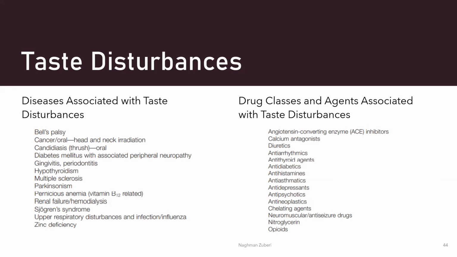Drug classes and agents which are associated with taste disturbances: angiotensin converting enzyme or ACE inhibitors. So these are used for controlling the blood pressure. Calcium antagonists, again used for controlling the blood pressure. Diuretics, again used in hypertension or in cardiac problems.